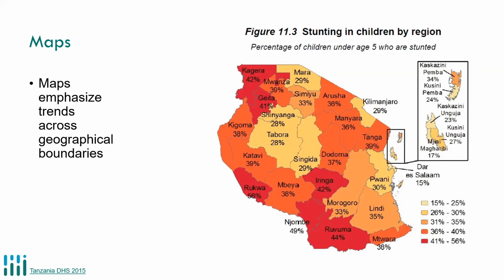Alternatively, what people have explored is to use proportional bubble plots or proportional maps, where there are circles that represent the estimates rather than the actual geographic region.